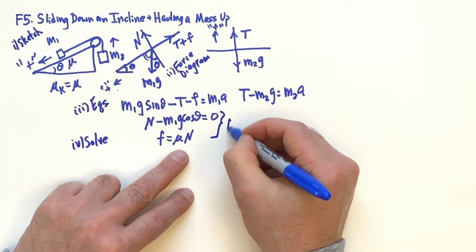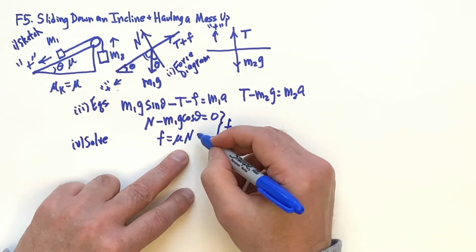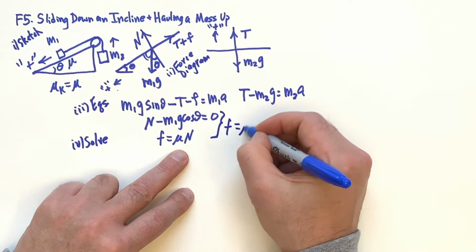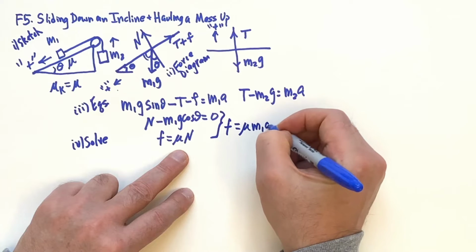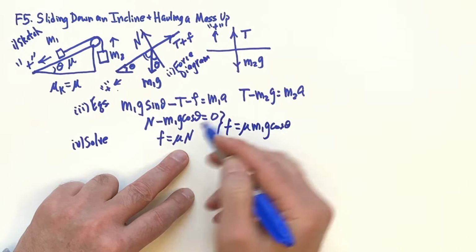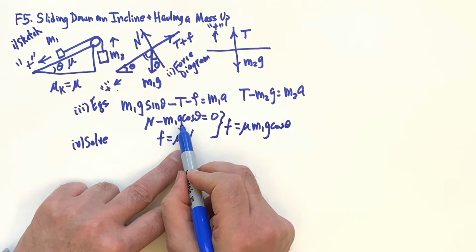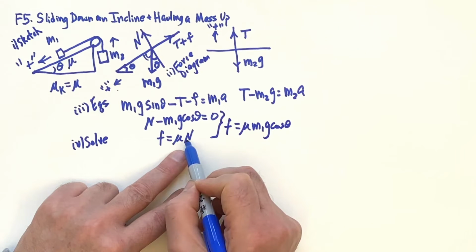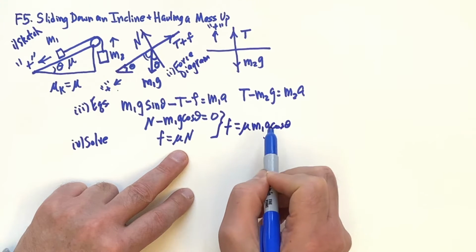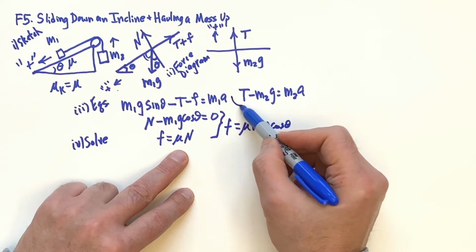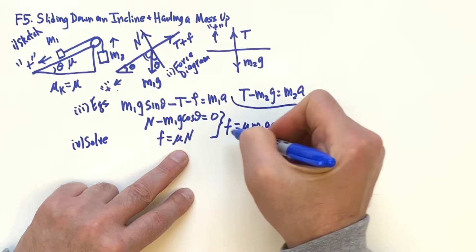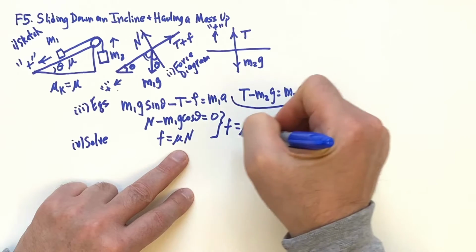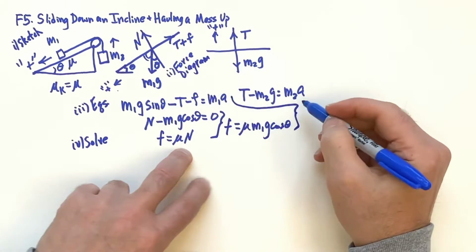So I use the friction and the normal equation to get mu M1G cosine of theta, since the N is M1G cosine theta, first mass. And then when I plug that in for N there, I get mu M1G cosine theta. Then I like to go with this friction, plug it in to the top equation.